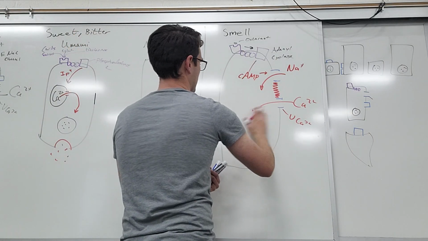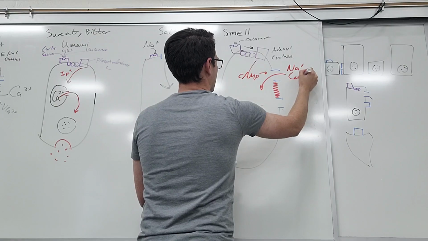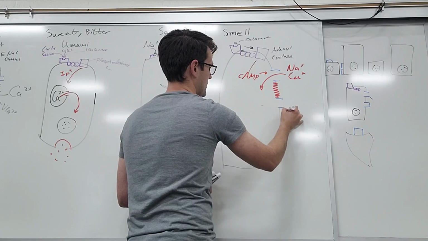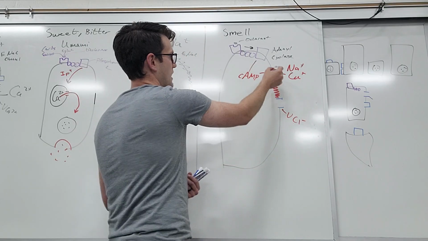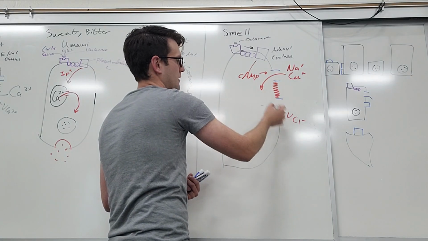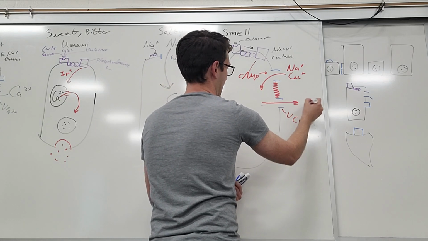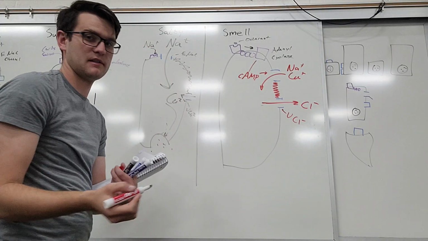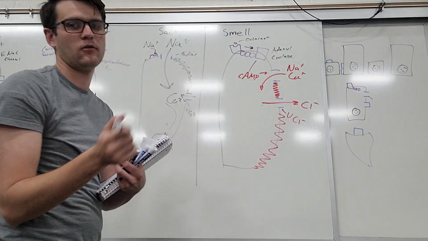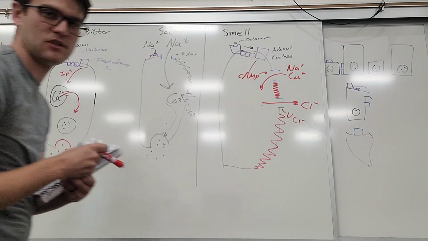Okay, so then calcium comes in and it's going to open up this voltage-gated chloride channel. So sodium and calcium rush in and depolarize, which opens up a voltage-gated chloride channel, which kicks chloride out and depolarizes it even more. And that depolarization is going to keep going to our olfactory bulb, down our olfactory nerve, and to our brain. Okay, so that's the gist of smell.